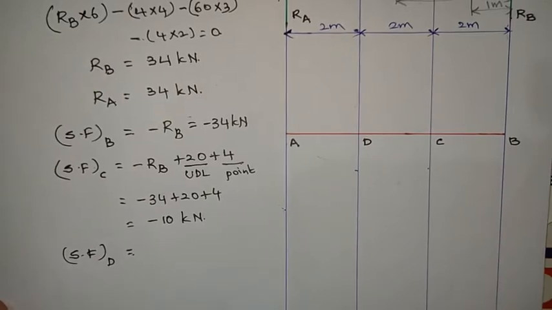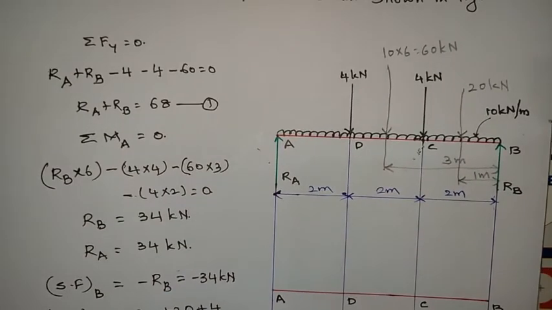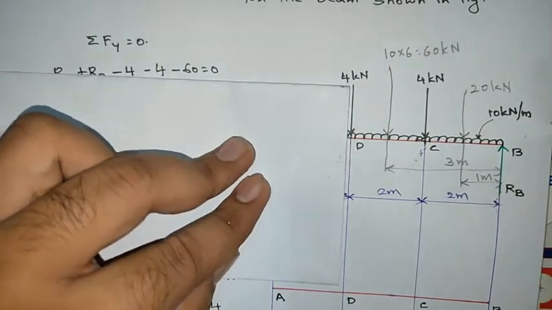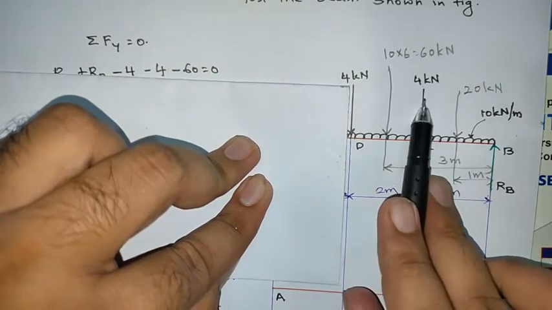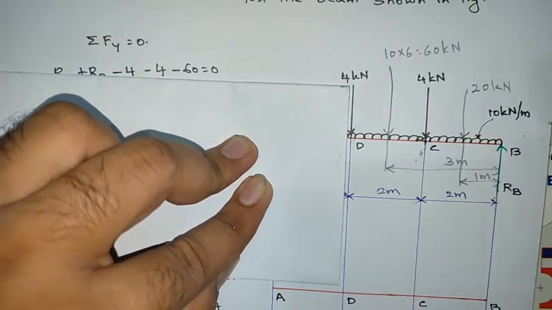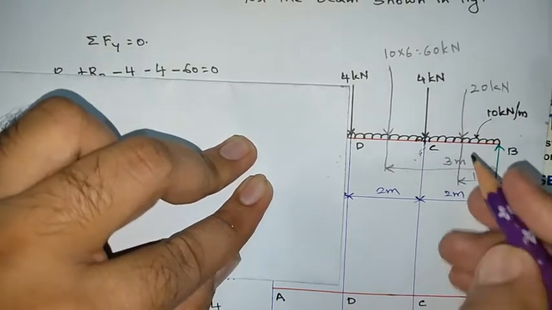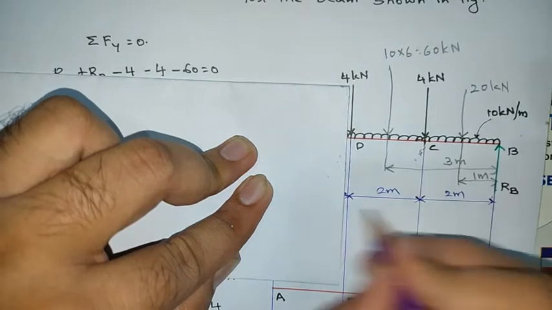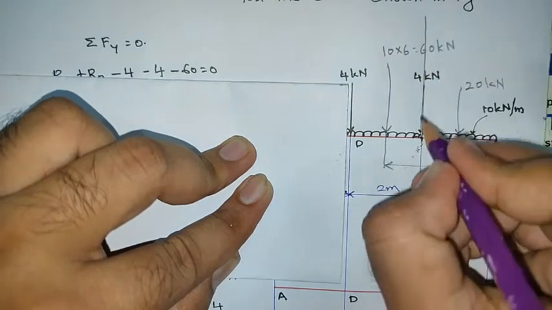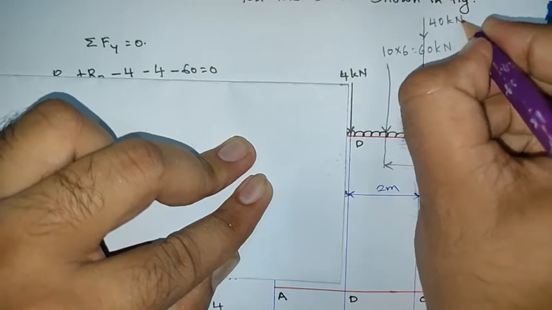Next, calculate the shear force at D. So close the left side of D. What are the forces acting on the right side? So RB, 4 kilonewtons, 4 kilonewtons, and a UDL for 4 meters. If you convert that UDL into point load, then 10 into 4, 40. It is acting in the middle of 4 meters, means at 2 meters itself it is acting, right? So that is 10 into 4, 40 kilonewtons.